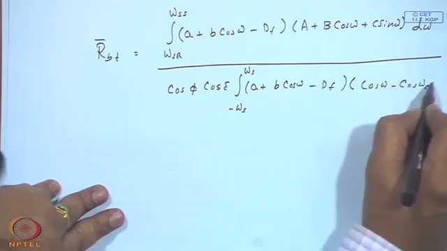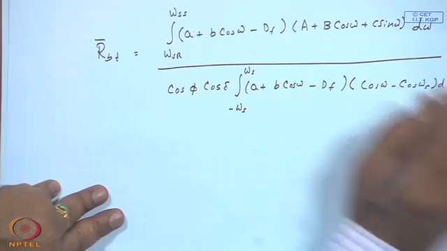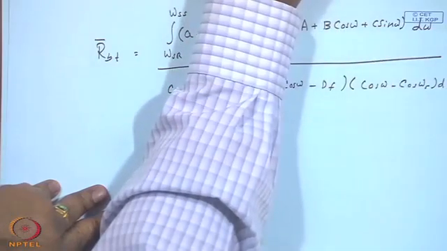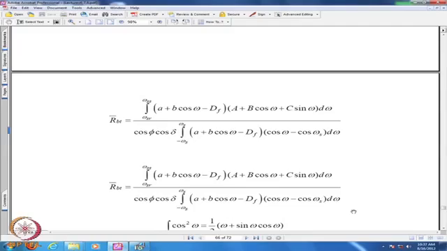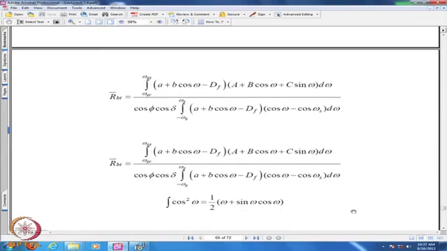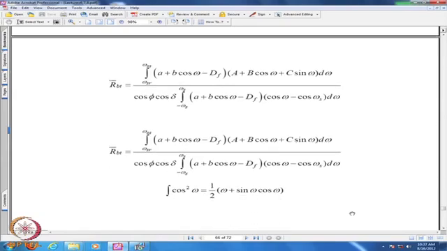Of course, cos omega s is a constant. So, we have written this again, the same thing. Now, the highest order complexity is only cos squared omega.